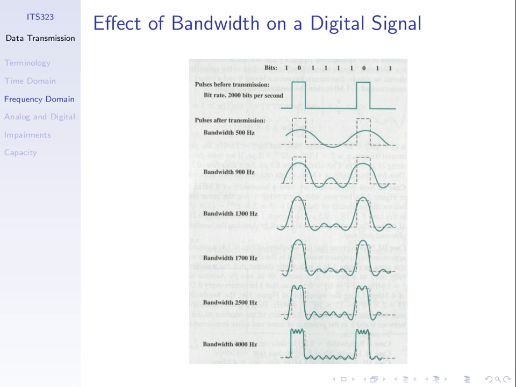The larger the bandwidth we use, and we see that with signal A versus signal C, the larger the bandwidth we use with the same other conditions, the more accurate signal we generate. And that's shown here. In this simple example, we have some bits we want to send.